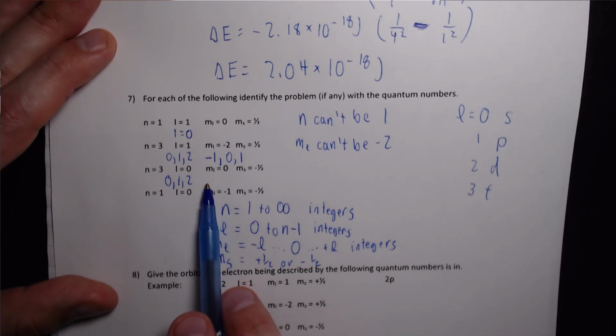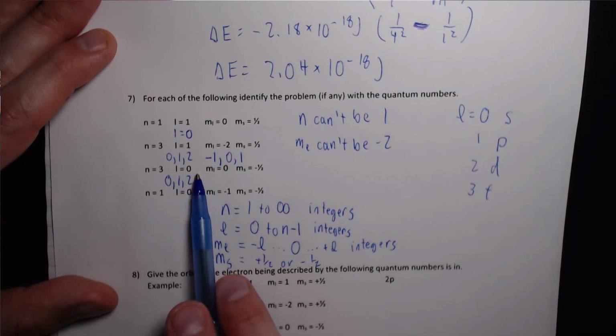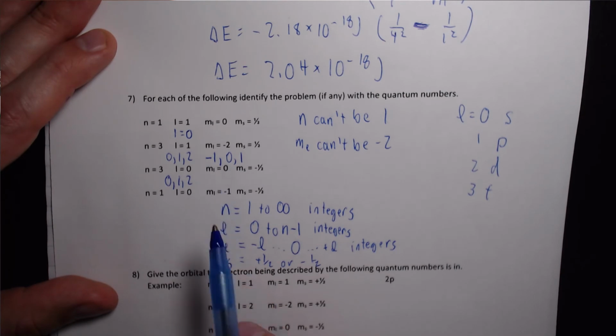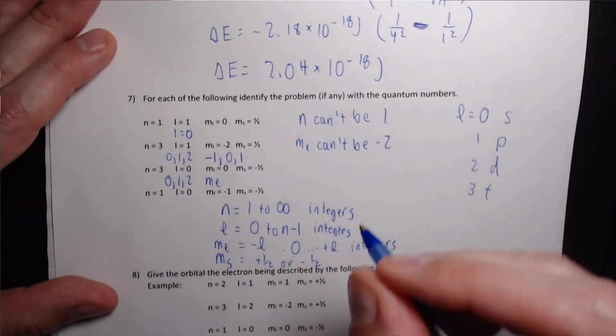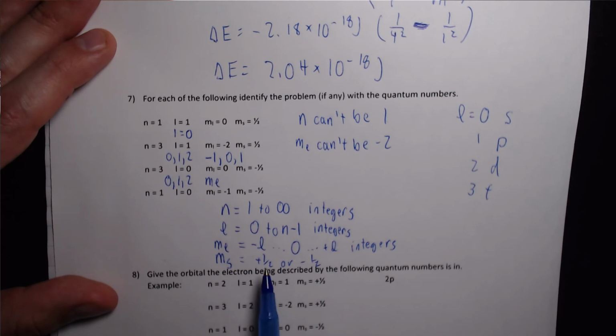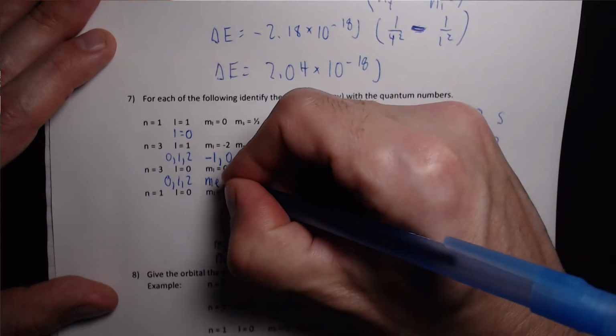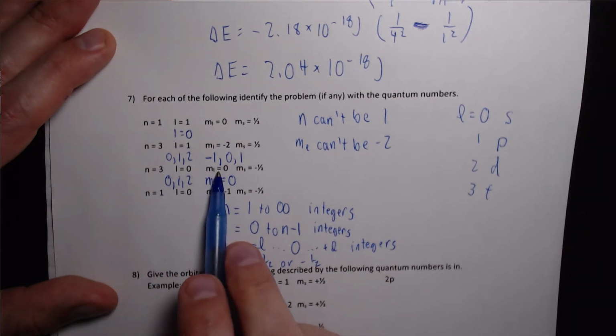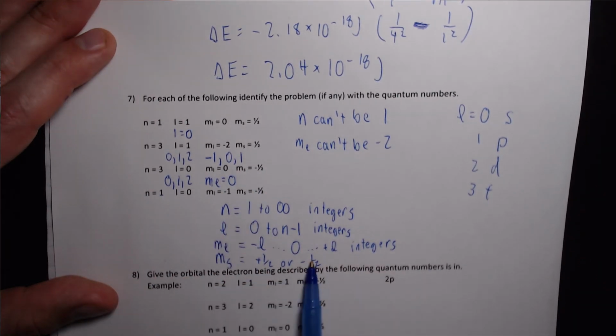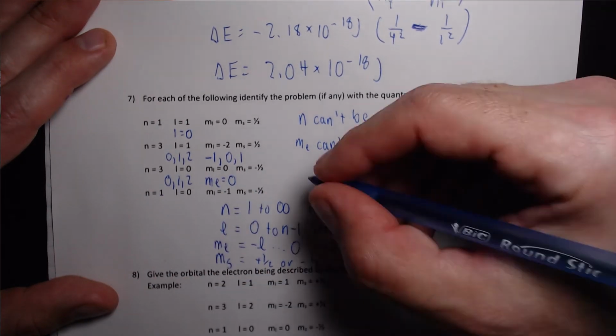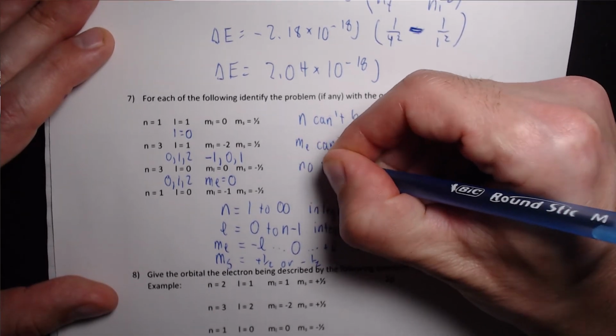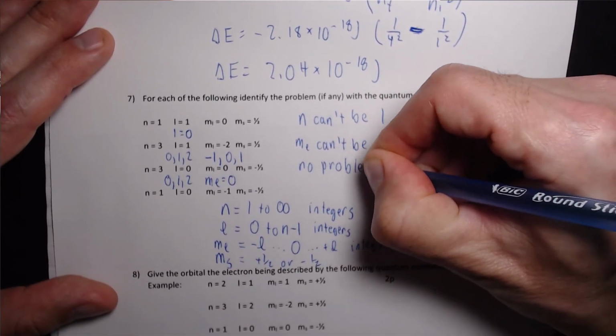If L equals 0, what are the possible values of m sub L? m sub L is negative L through positive L, so negative 0 through 0 to positive 0. That just means it's 0, which looks okay. And m sub S could be plus 1/2 or minus 1/2. So here we have no problem with these quantum numbers.